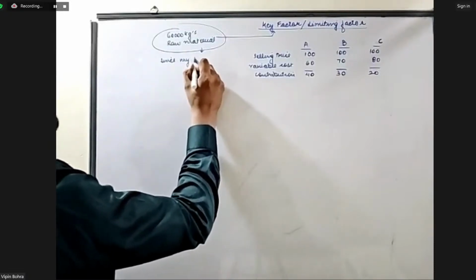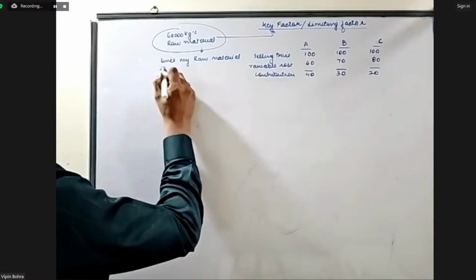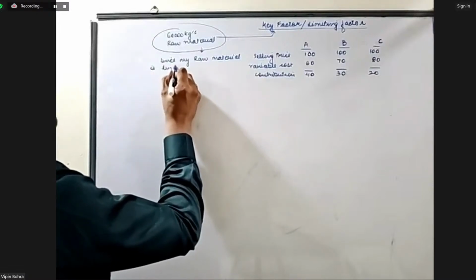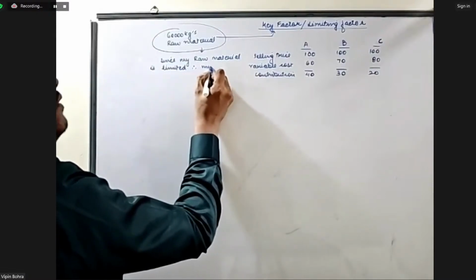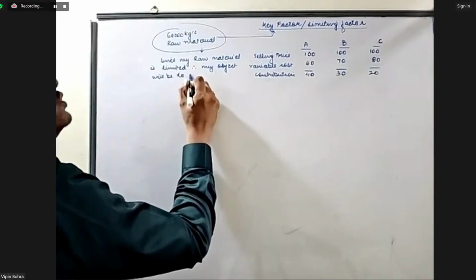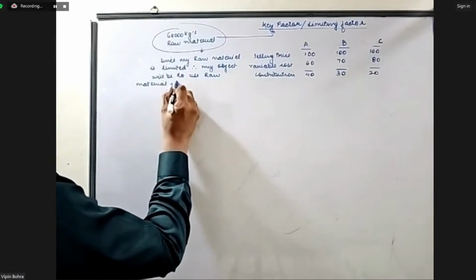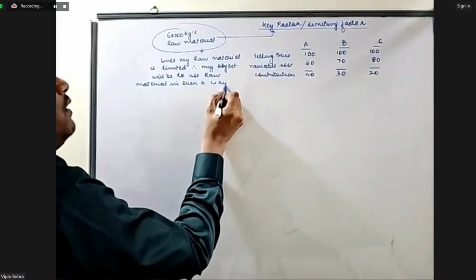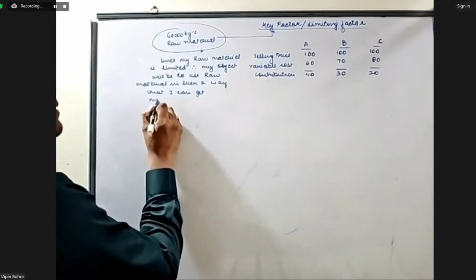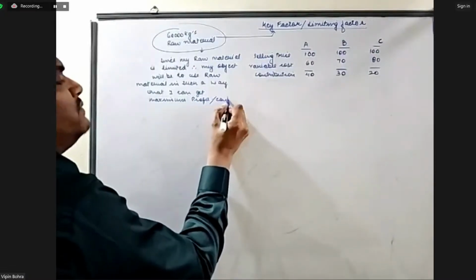So herein, since my raw material is limited, therefore my object will be to use raw material in such a way that I can get maximum profit, or we can say in simple terms, contribution.